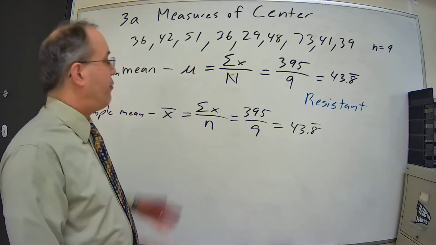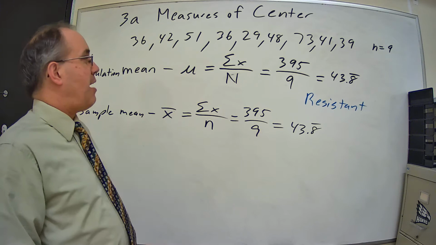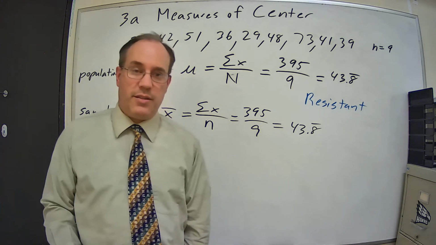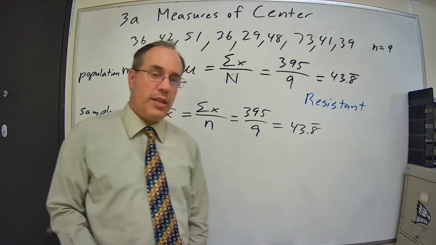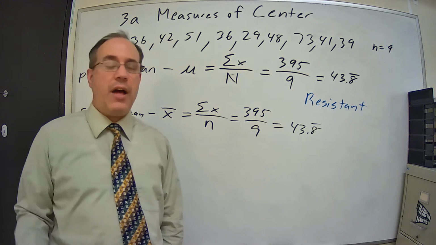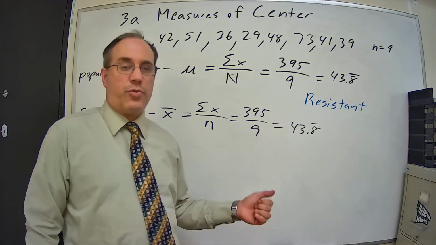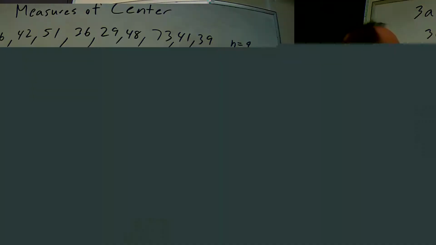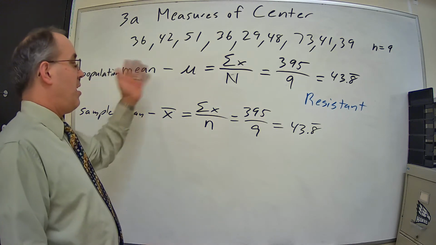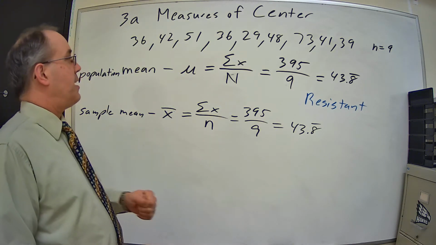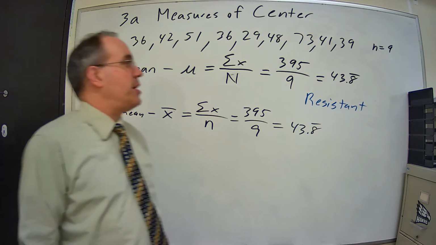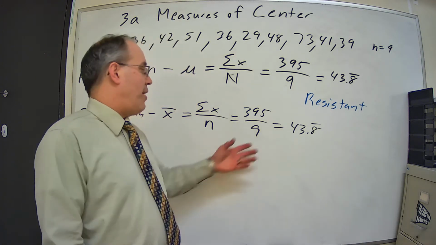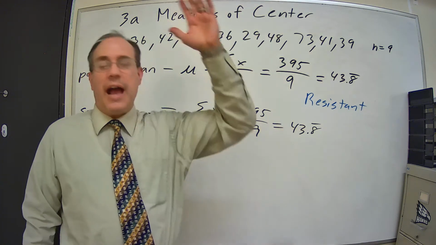Now, the mean, unfortunately, is not very resistant. Meaning that if we have an extreme value, it could change this quite a bit. If our largest value was 1,000,000 instead of 73, then our average would skyrocket.